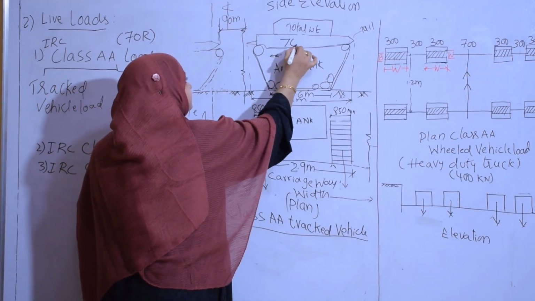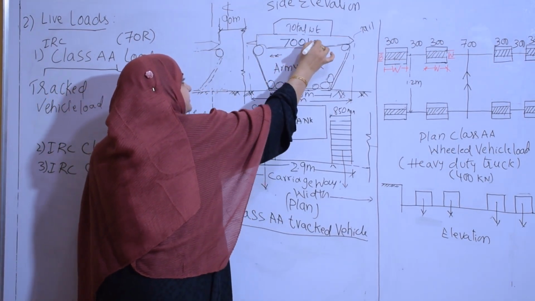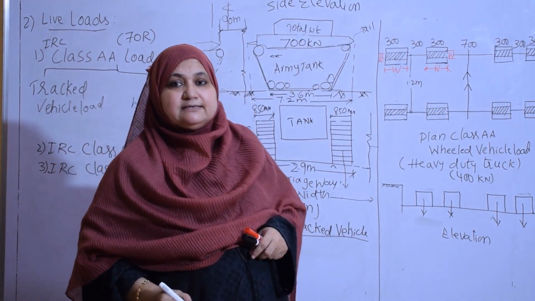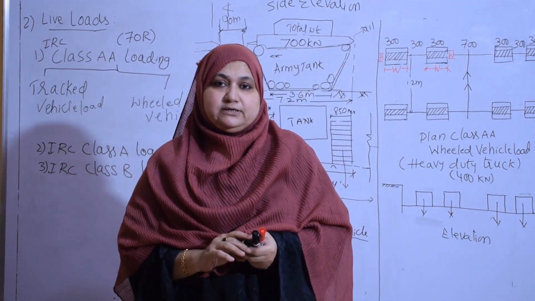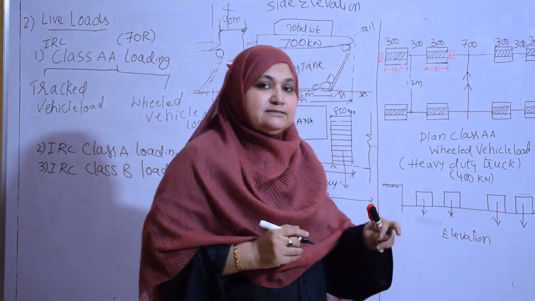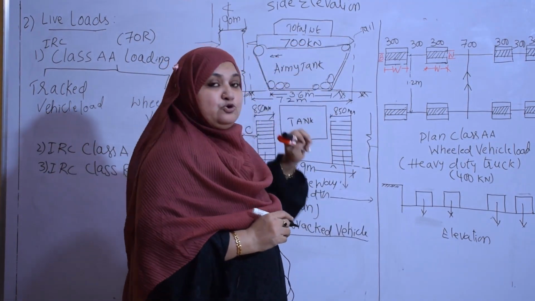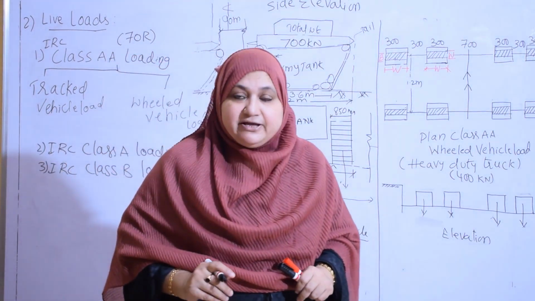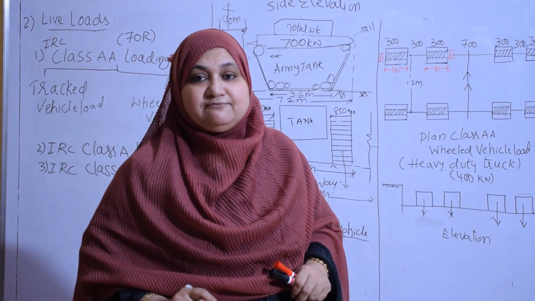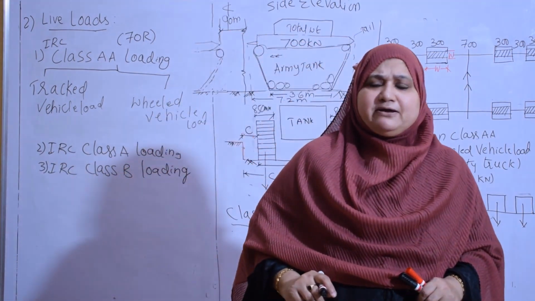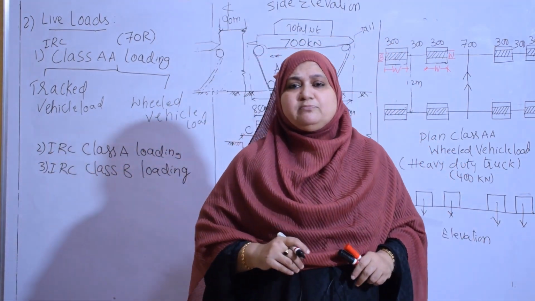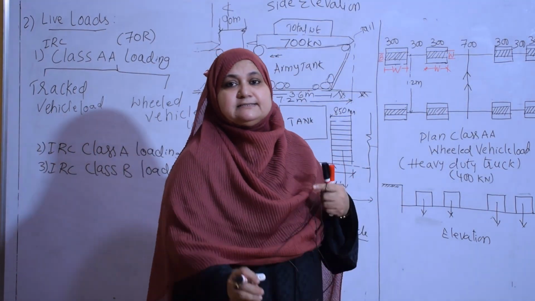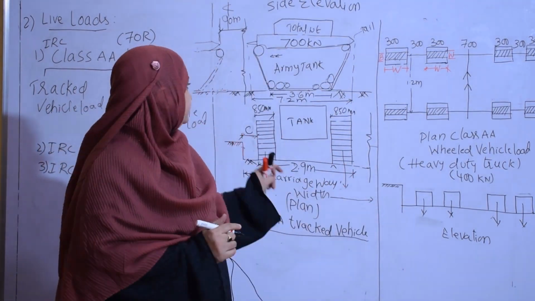You might have seen an army tank on the road, in military areas, in military camps. Sometimes it may go on our ordinary roads also. So the total load of this is 700 kilonewton.